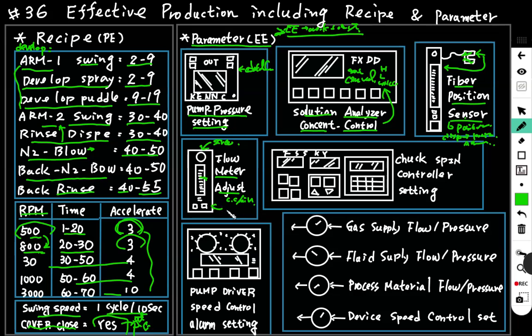And this is the alarm setting. If there is an accident where the flow rate goes too high or too low, it can alarm the equipment to warn the engineer to inspect it.